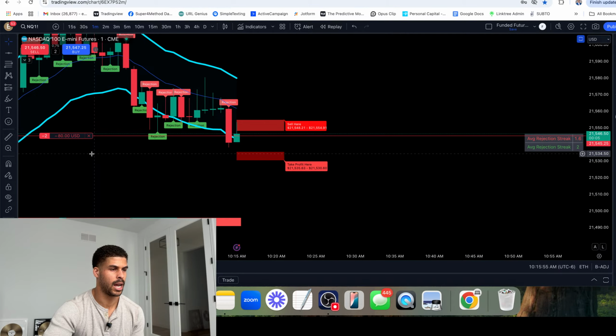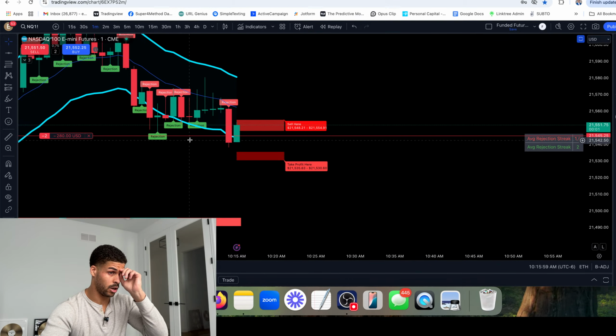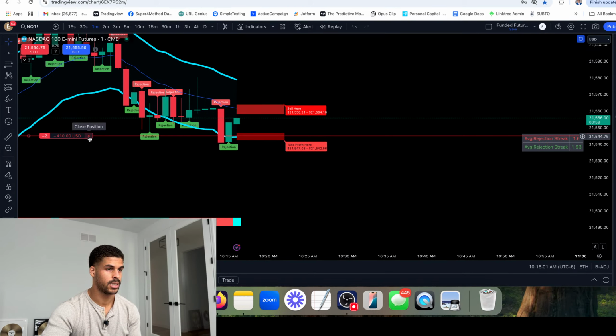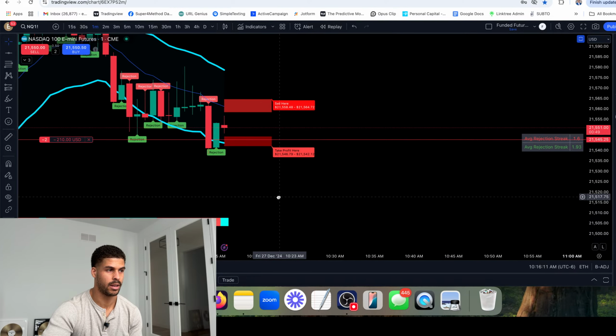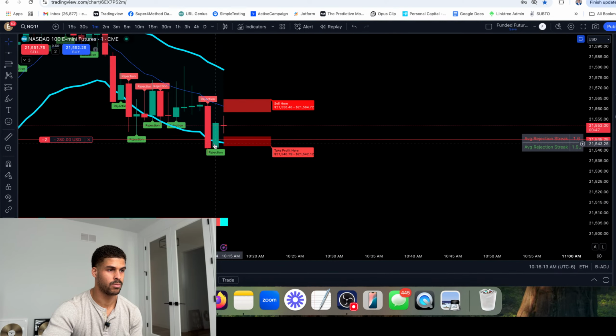So let's see what happens. Damn, it feels like every time we load back, we're just exploding up. That stinks. All right, let's see if we can get price to continue this downtrend here. This has been the story of today, right? Price launches, we get a green candle after a red candle, and then okay, there it goes. I have to close this one out, like 300 bucks.